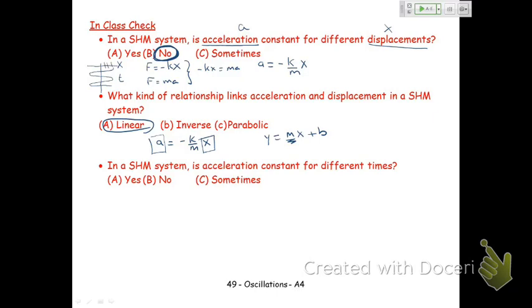Doesn't this graph tell you that you're at different positions at different times? Time is continually moving on, so you can't be at different positions at the same time. And so different positions are accessed at different times. So if you have different accelerations at different positions, you must have different accelerations at different times, because at different times you're at different positions. Does that make sense? So the answer would be no on that one.